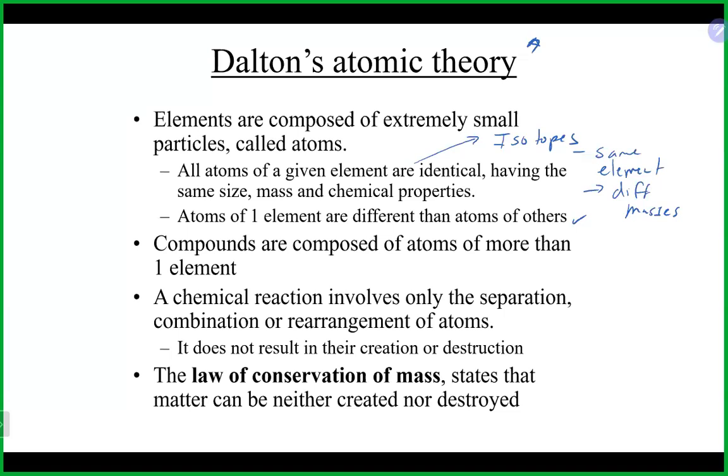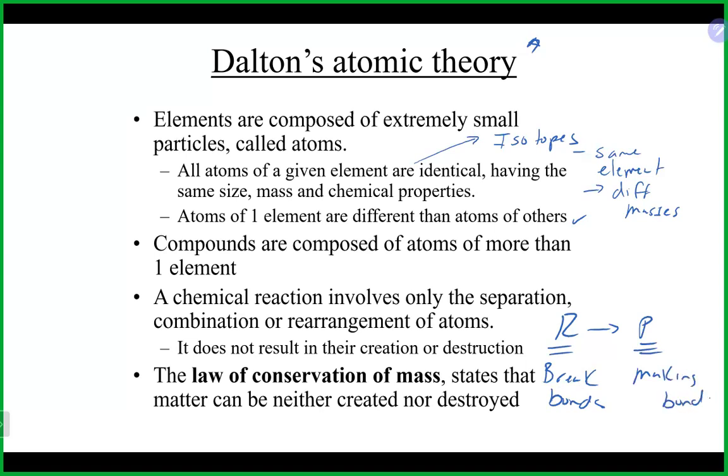A chemical reaction involves only the separation, recombination, and rearrangement of atoms. We do not destroy anything in a normal chemical reaction, and that is true. As we talked about in the previous chapter, as we go from reactants to products, all we are doing is breaking bonds on this side, and all we're doing on this side is making bonds.